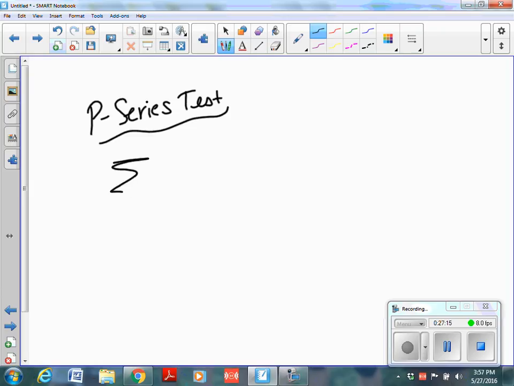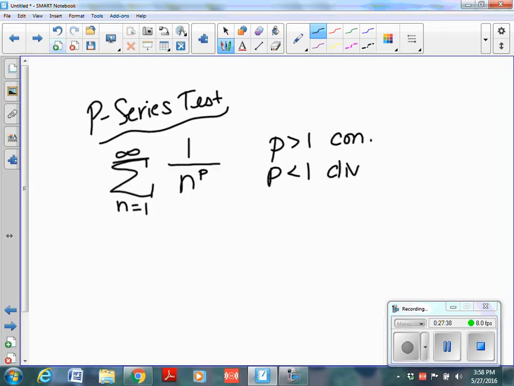If you have some series, let's just say n equals 1 to infinity, and you have 1 over n, and let's make this the p. I'm just following it. If p is greater than 1, your series is going to converge. If your p is less than 1, your series is going to diverge.